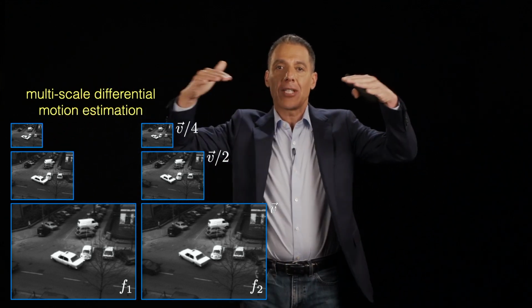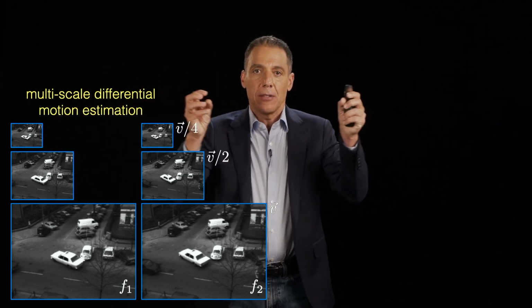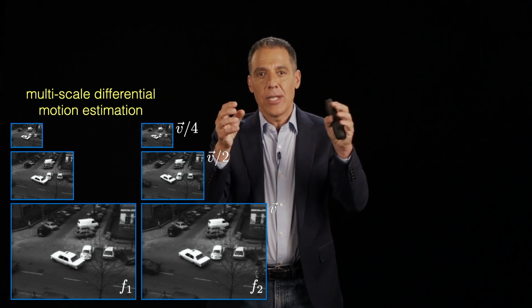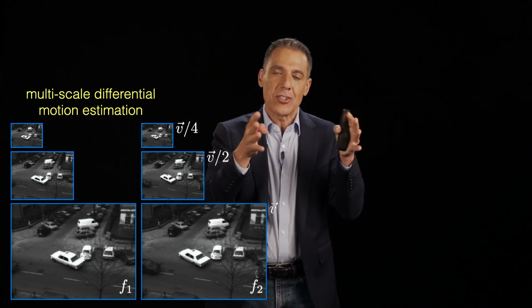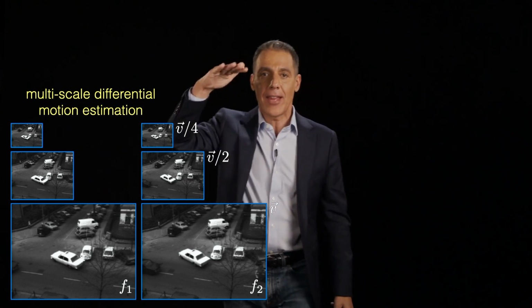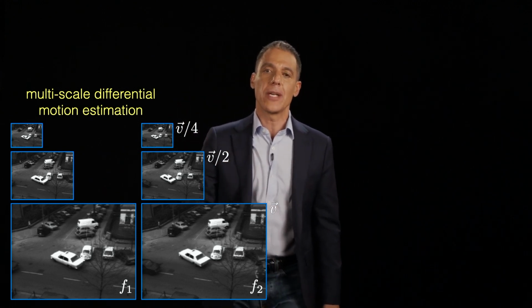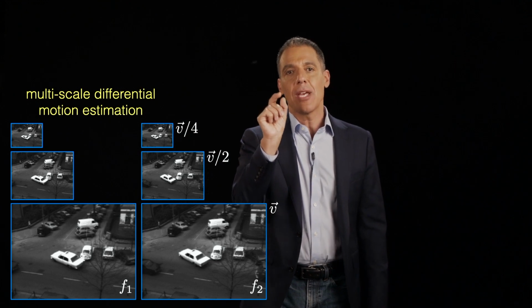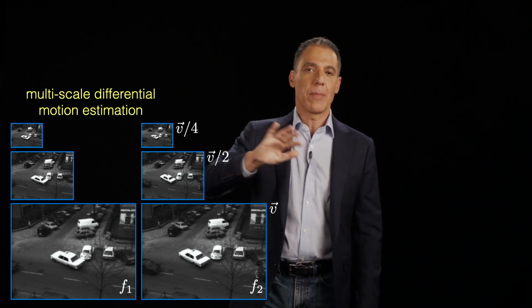So up here at the top of the pyramid, you can do very coarse but not very accurate, and then you keep warping the images to get more and more in line, not perfectly, but you are reducing some of that motion. And then as you work your way through that Gaussian pyramid, you can always work with 2 frames and these small derivatives and not worry about these really big motions that are invisible to the derivative filters.